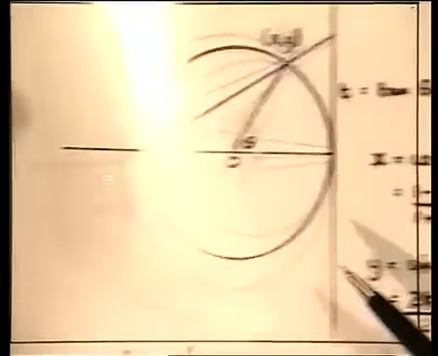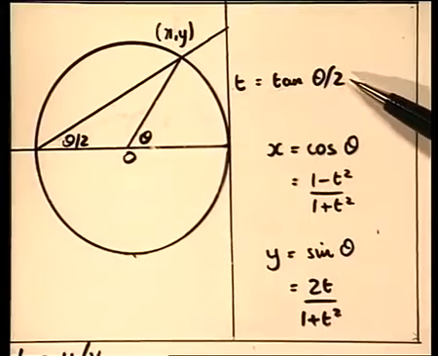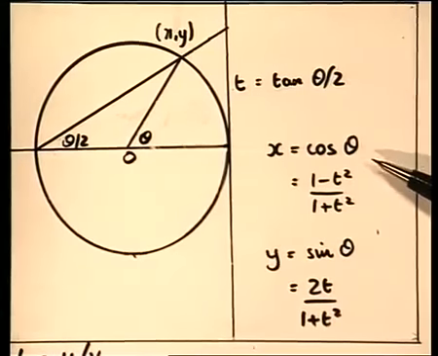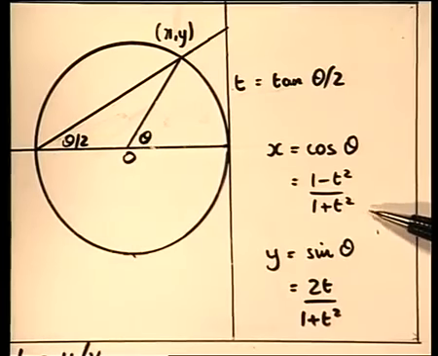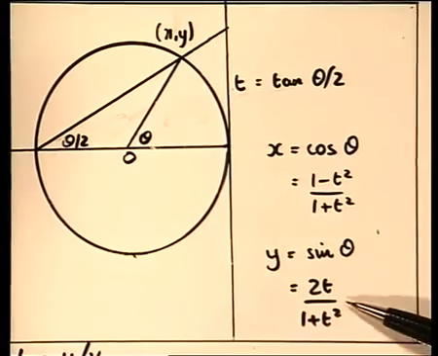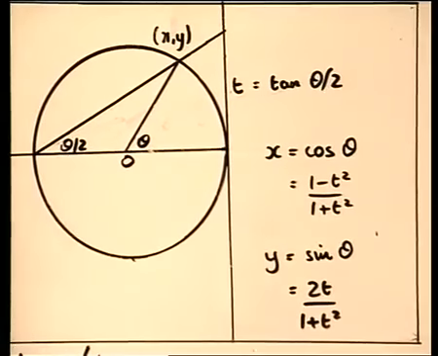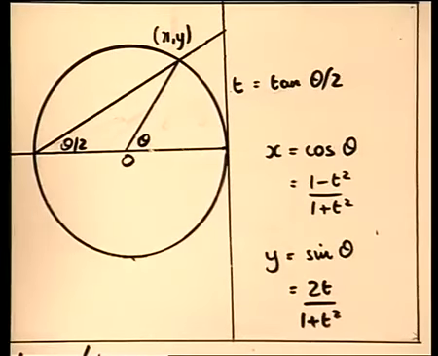Now, if we put t equals tan half theta, so that x is cos theta and y is sine theta, then using the tangent of the half-angle formula from elementary trigonometry, we find that x is (1 minus t squared) over (1 plus t squared), y is 2t over (1 plus t squared), and substituting t equals u over v gives the equation that Diophantus had originally found.